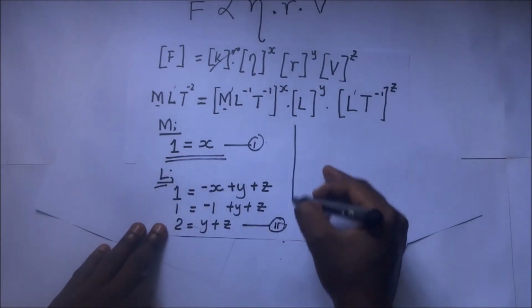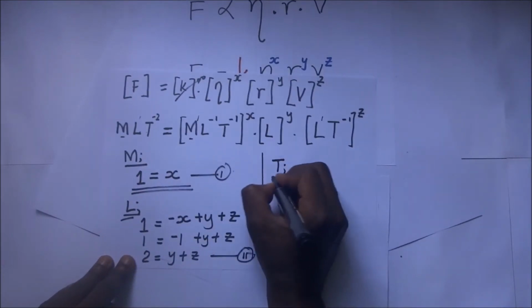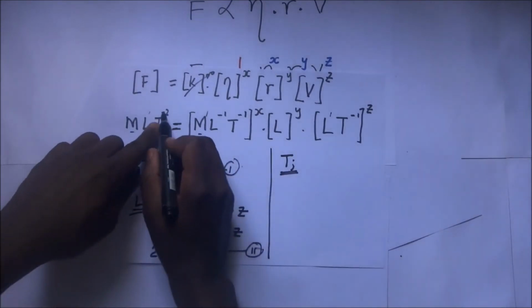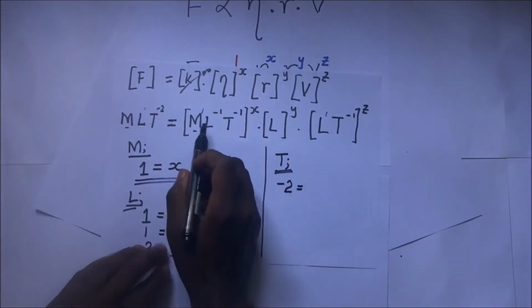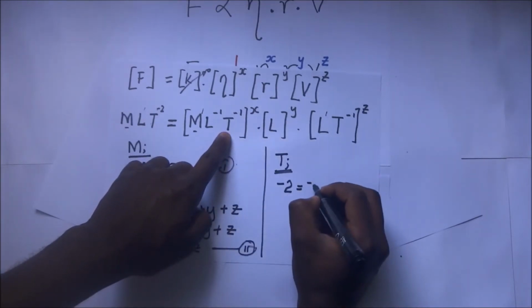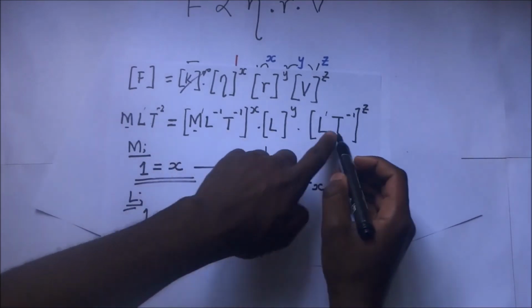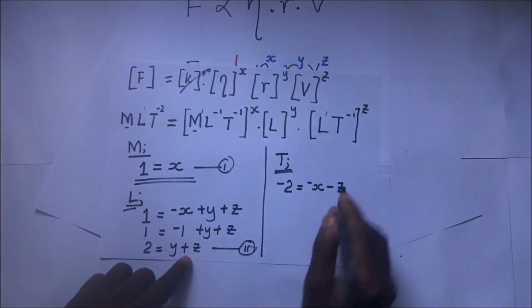So let's compare the indices for T. On this side, T is -2. So we have -2 equal to, on the other side, -1 times x, which is -x. Then we have another T, -1 times z, which is minus z.